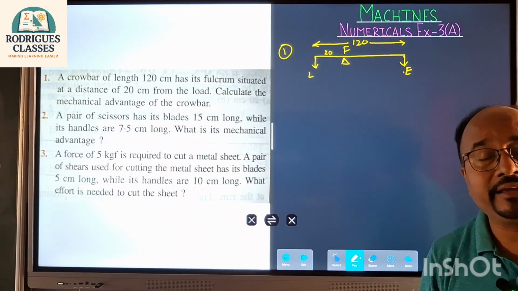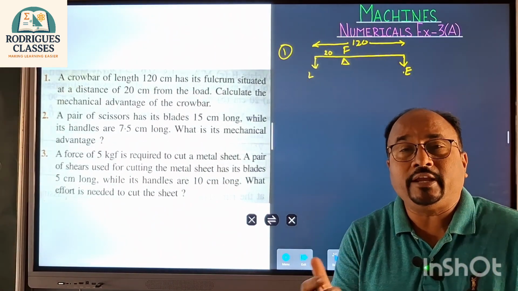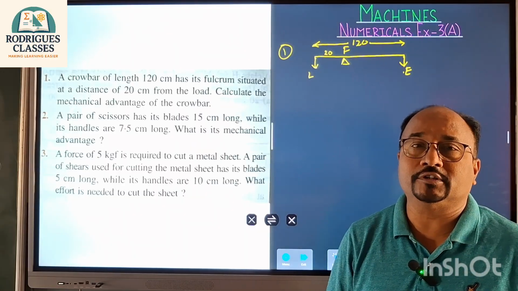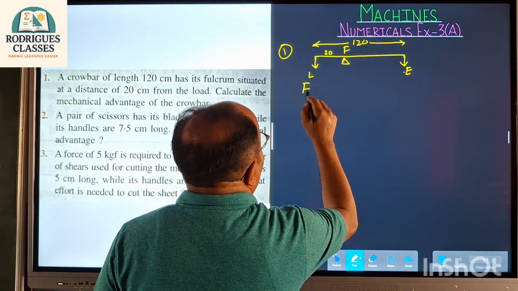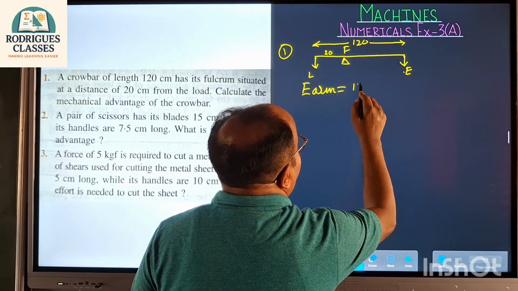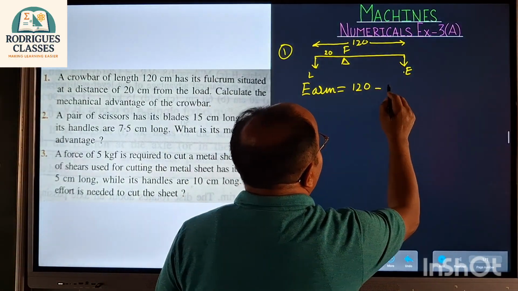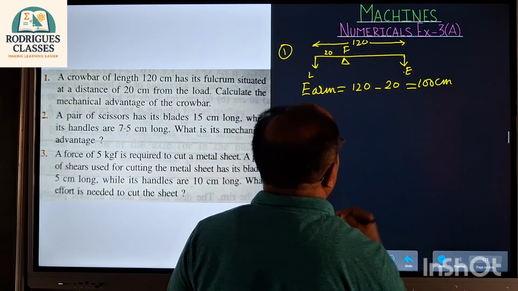We know mechanical advantage is effort arm by load arm. So now we need to find the effort arm first of all. So we write here: effort arm is equal to that entire length 120 minus this 20, which equals 100 centimeter.